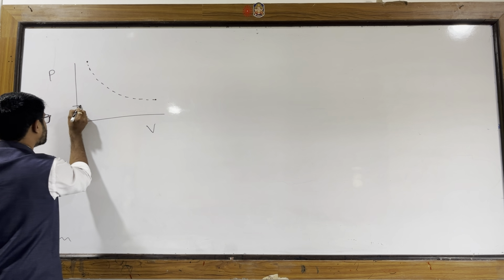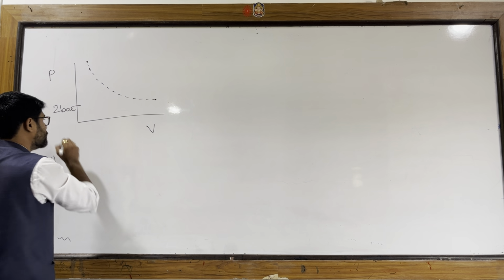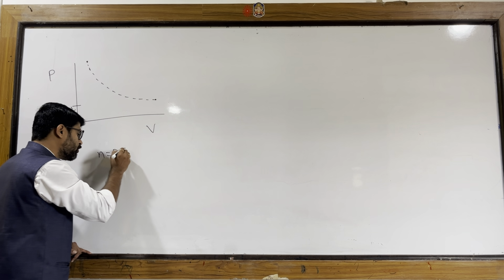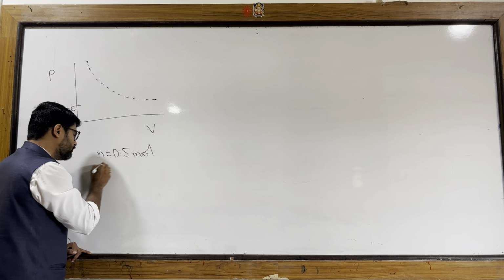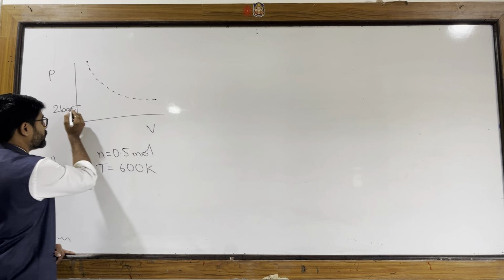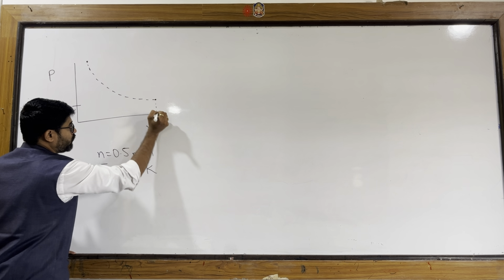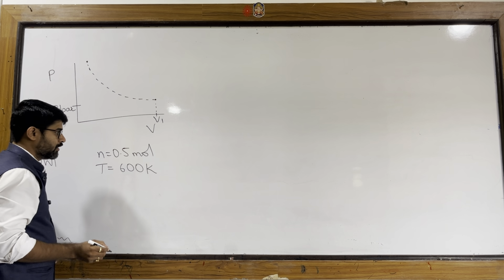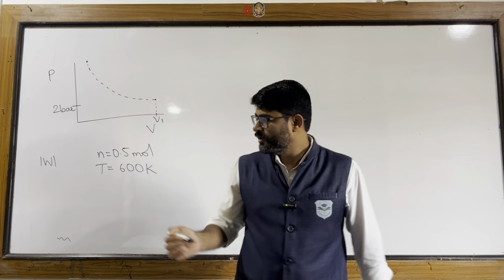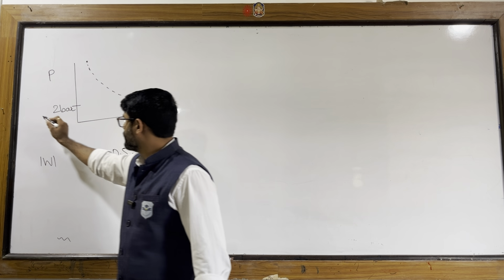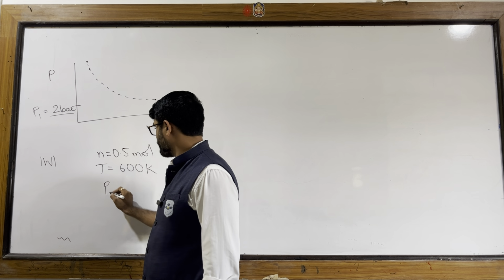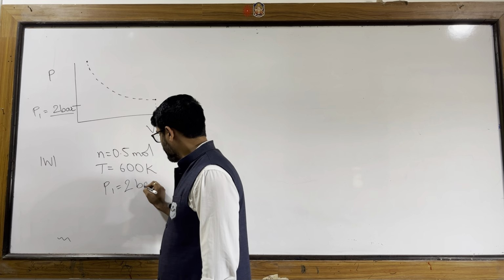Initially the pressure is 2 bar. The initial pressure given in the question is 2 bar, the number of moles is 0.5 mole, and the temperature is also given, which is 600 Kelvin. Let's say initially the volume is V1, and this is pressure P1, which is 2 bar.